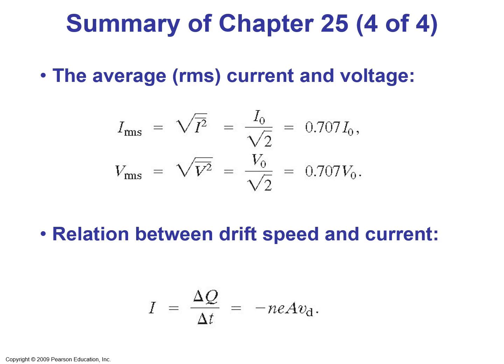The same definition for V RMS equals the square root of V squared mean, which equals V naught over root 2. That is equal to 0.707 times V naught. Relation between drift speed and current: I is delta Q over delta t, and is equal to minus N e A v_d.